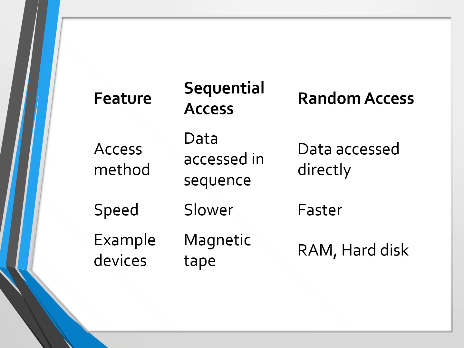An example of a sequential device is magnetic tape. Like I said, those are old technology, right? The needle or the light goes from one position to another. The faster one is random access, which is the RAM and then the hard disk, external hard disk.